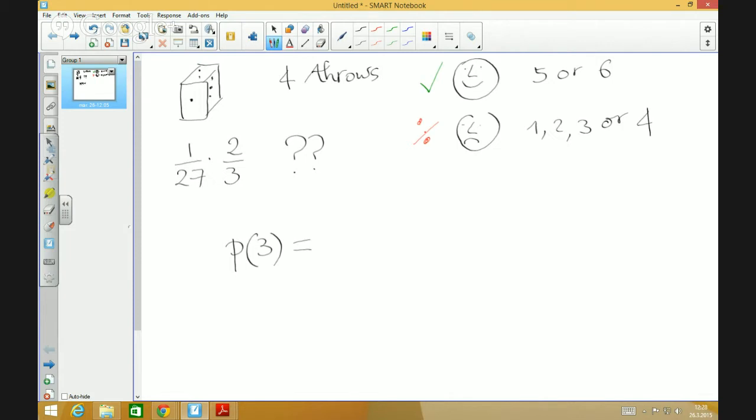Okay, so let me ask you, you're throwing the die 4 times. What is the probability of success when you throw it once? Success means I got a 5 or a 6. So the probability of success is 1/3.